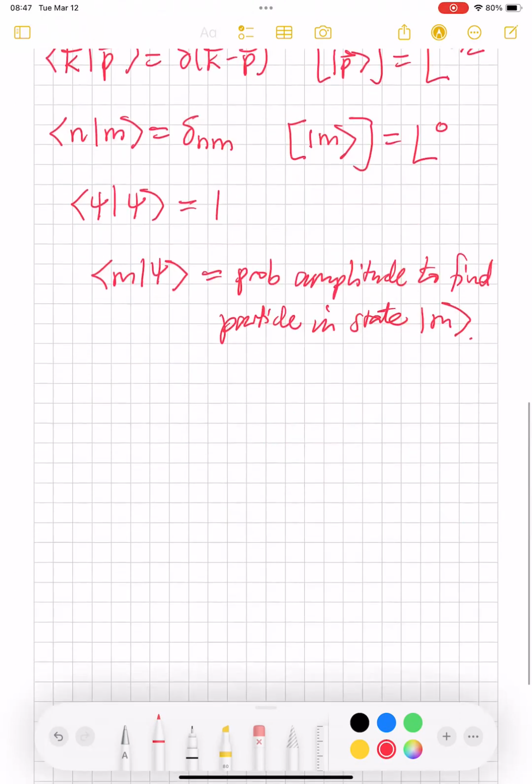And the probability is just given by the square of the probability amplitude. So this is the probability to be in state m.